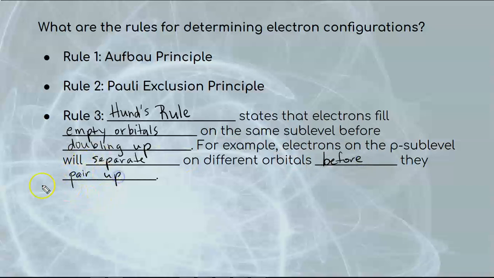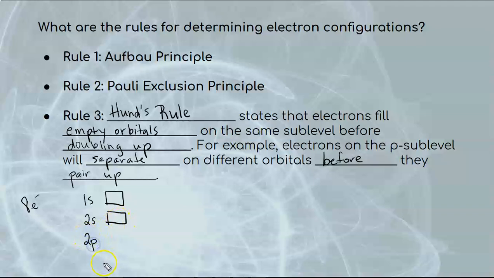Let's go back to oxygen. Like I said, an oxygen atom will have 8 electrons. On the 1s sublevel, there is one orbital there, because s always has one orbital. Let's go to the 2s sublevel. Same thing. It's the second energy level, but it's an s sublevel, so there's only one orbital there.